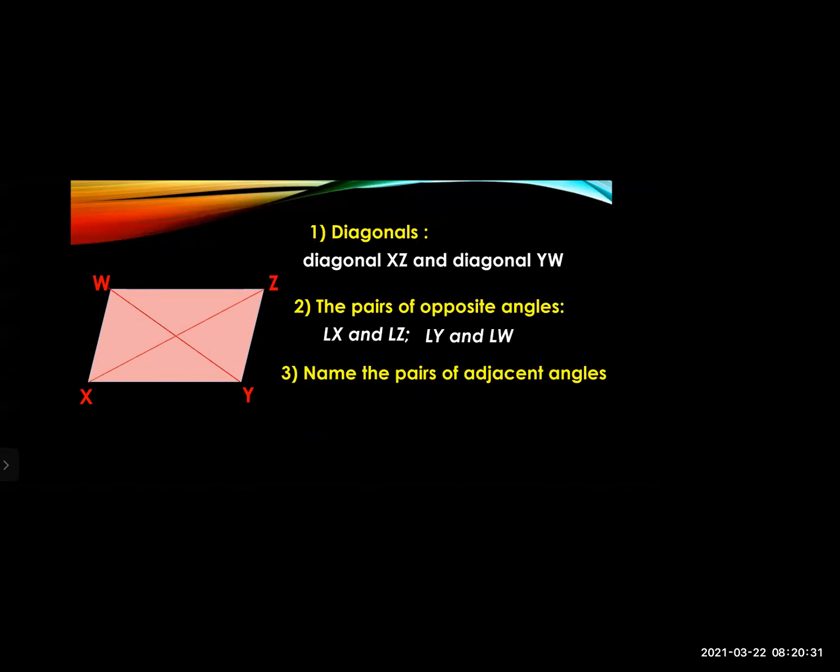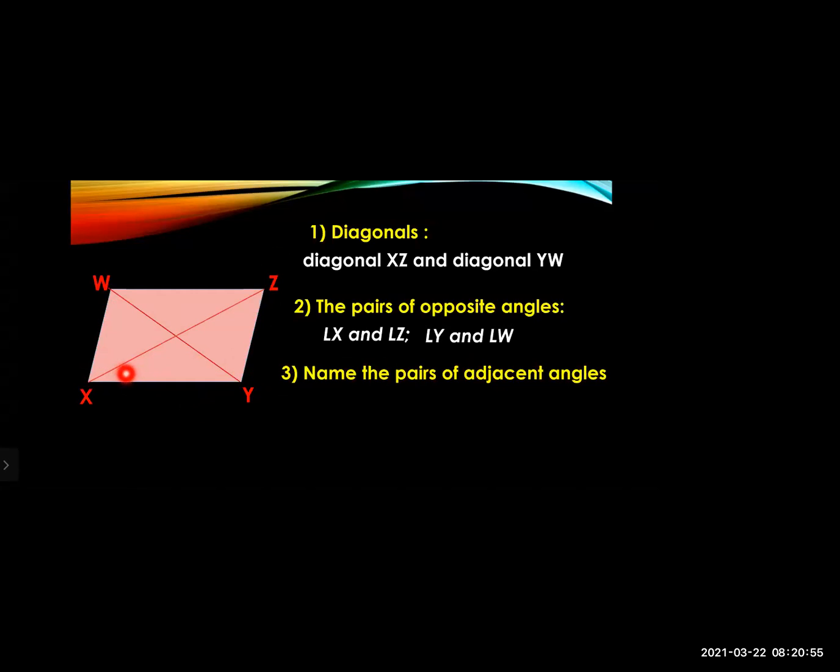Now tell me the third one. Name the pairs of adjacent angles. Adjacent means what I said, the neighboring one. So can you tell me the pairs of adjacent angles which have the common arm? Yes. Name the pairs of adjacent angles. See, adjacent means what?